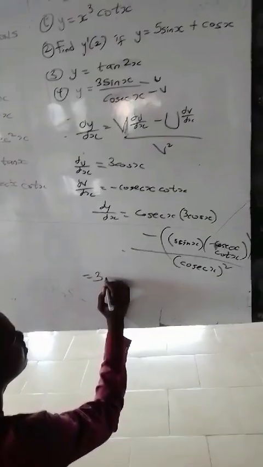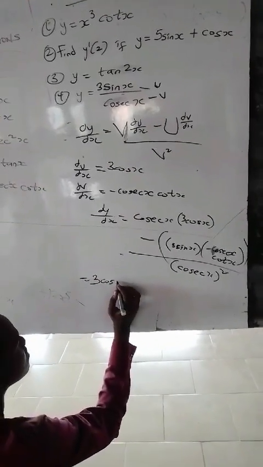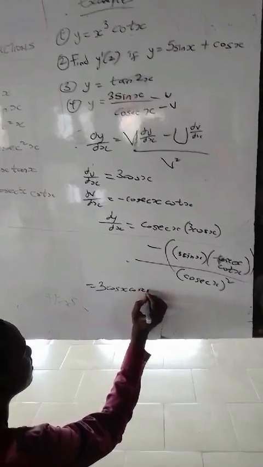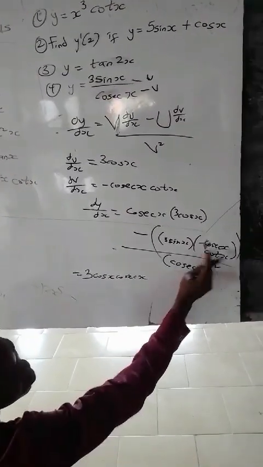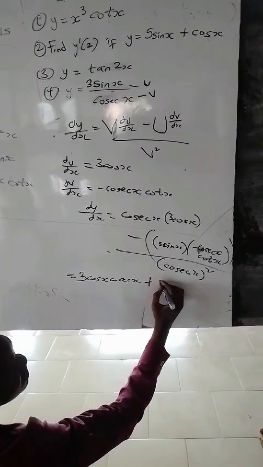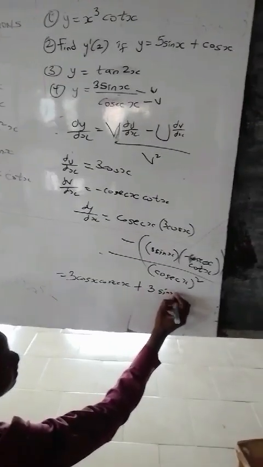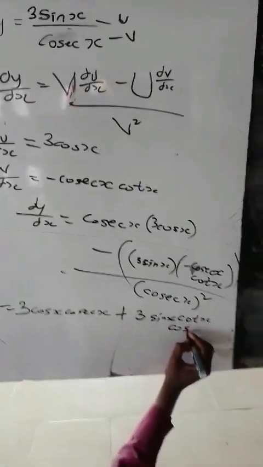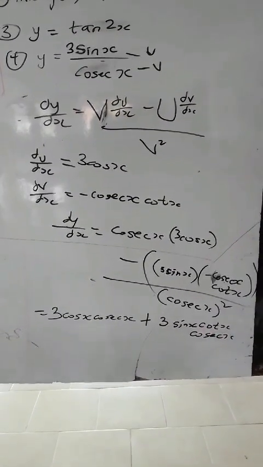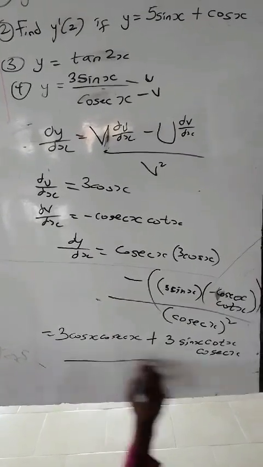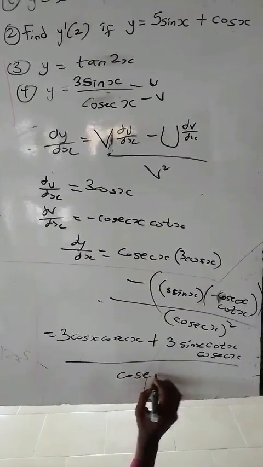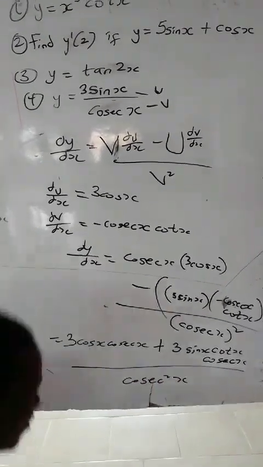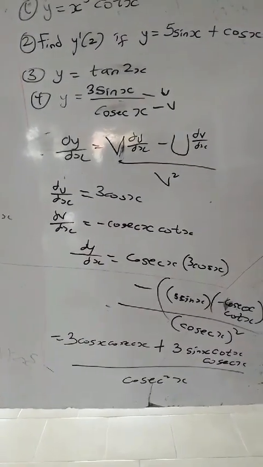So at the end of the day, you have something like 3 cos x cosec x, plus 3 sine x cos x cosec x, all over cosec square x.